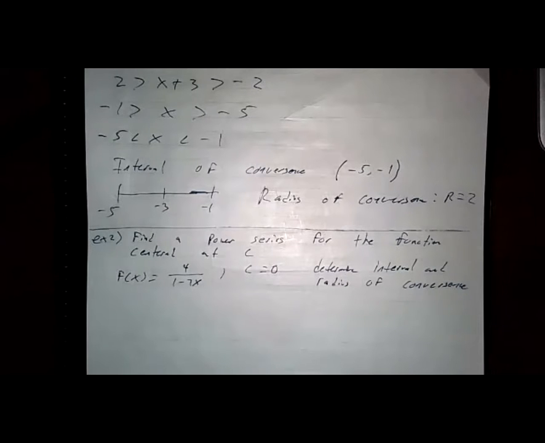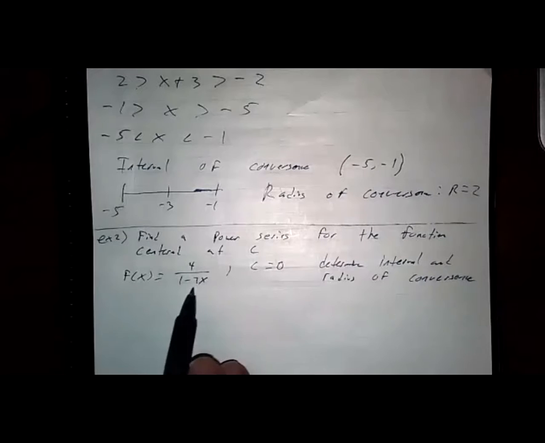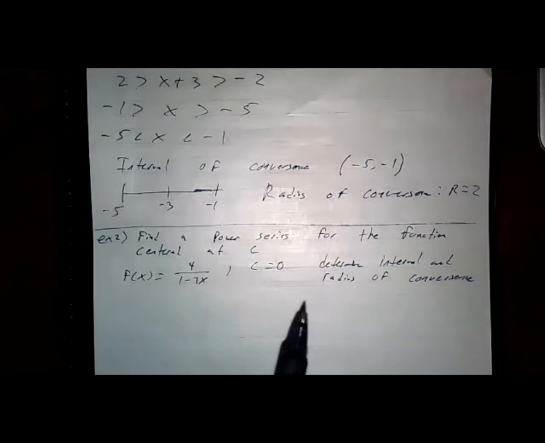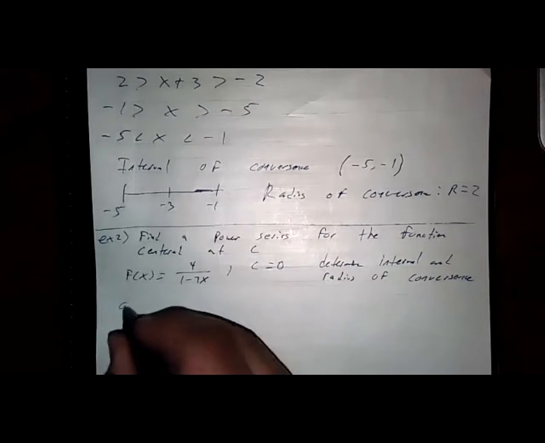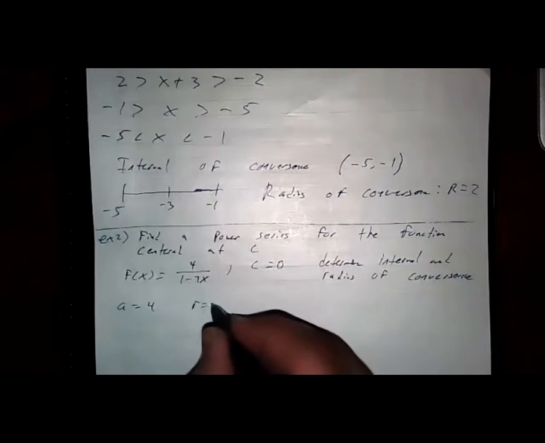Okay. So it's already in that form, right? 1 minus r, where a is 4. So we can say here a is 4, r is 7x, right?